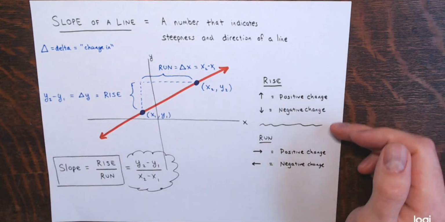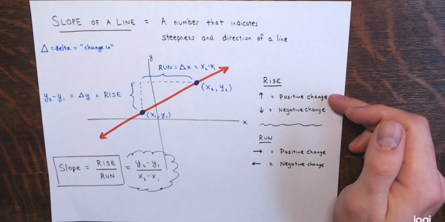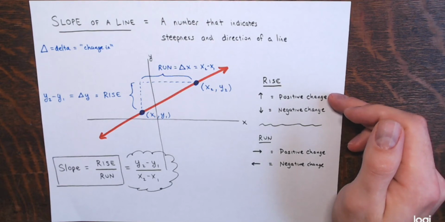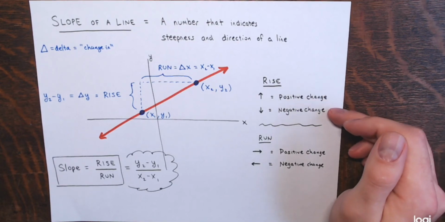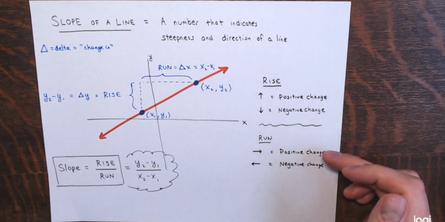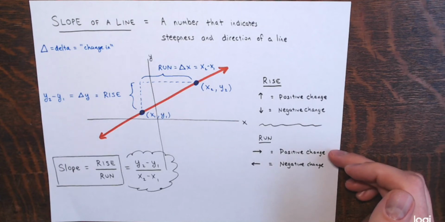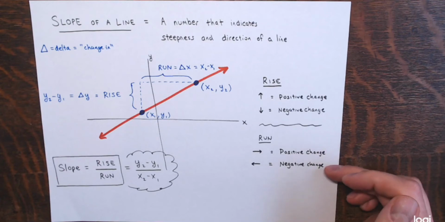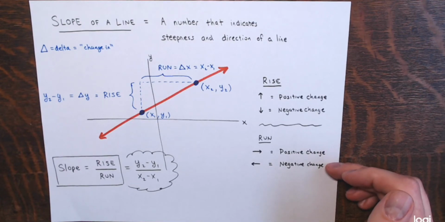If you go up, that's a positive rise. If you go down, that's a negative rise. However many units you went down, it should be a negative value. And for the run, if you move to the right, that's a positive run. And if you move to the left, that's a negative run.